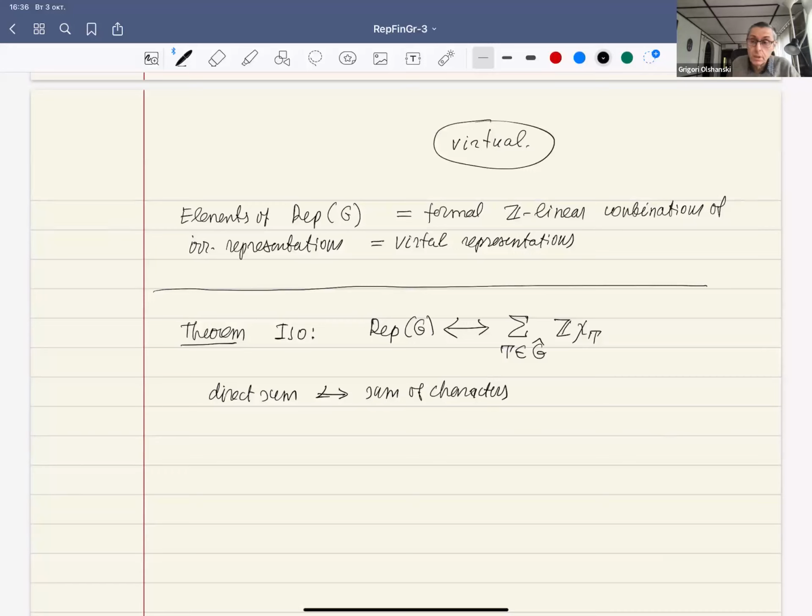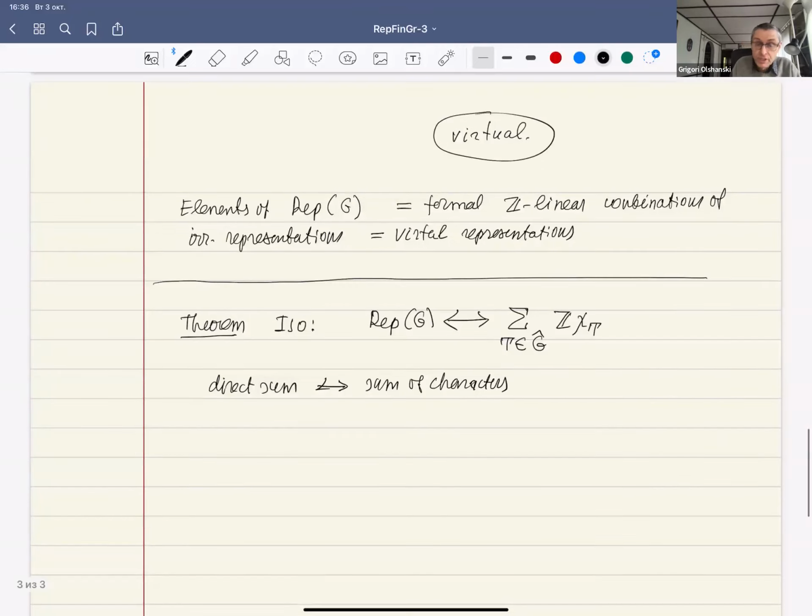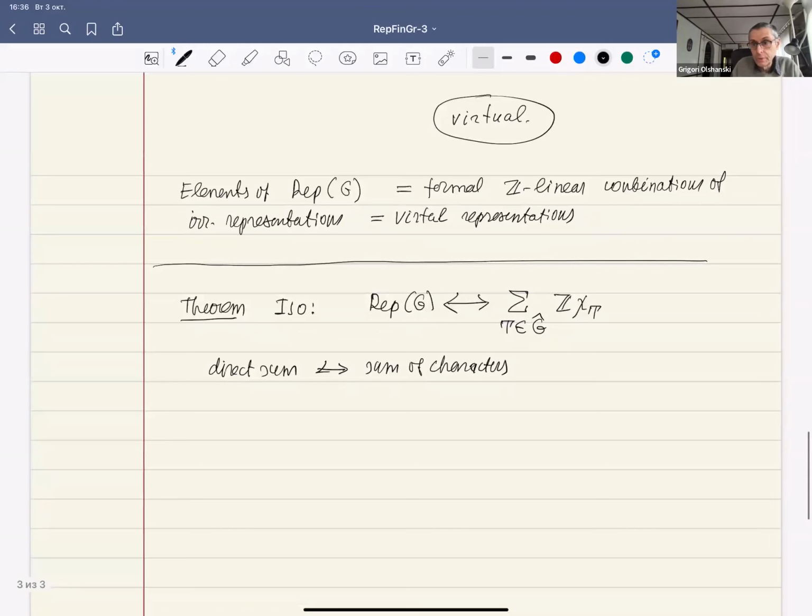But a character is simply a function. So this is a simple but very important device, simply because, I repeat, characters are simpler objects as compared with representations.